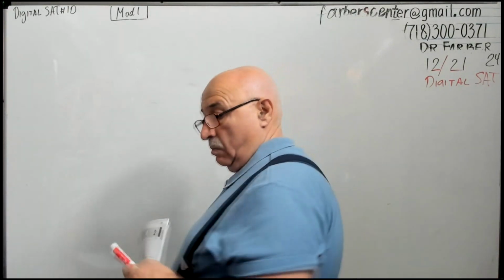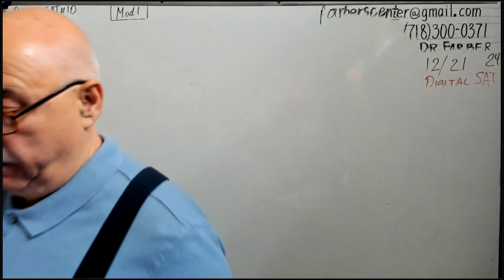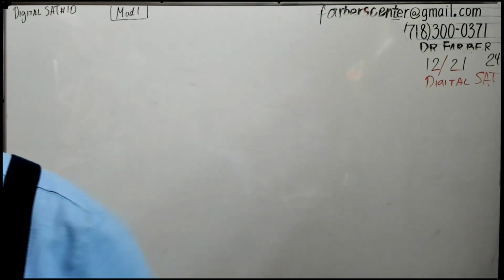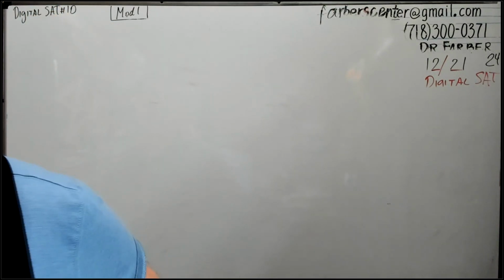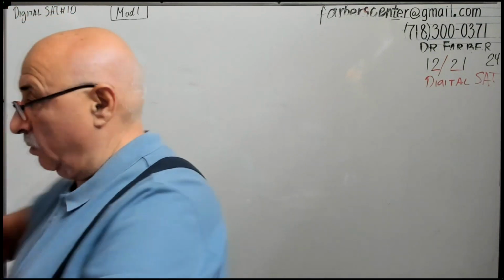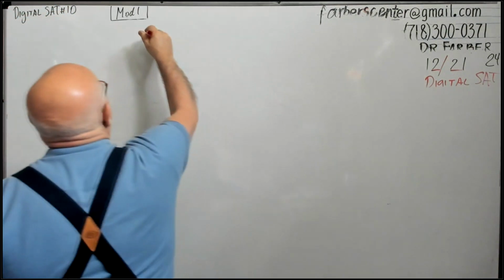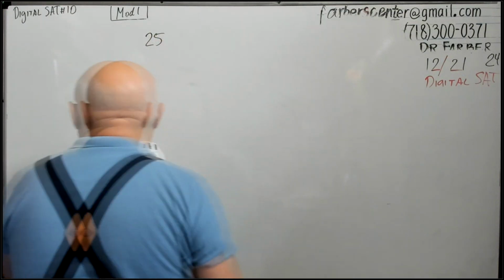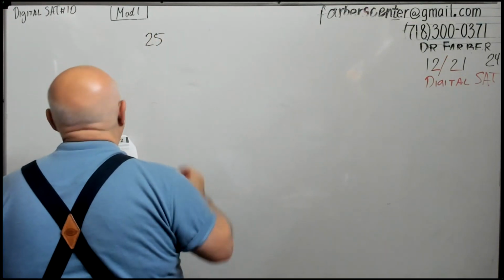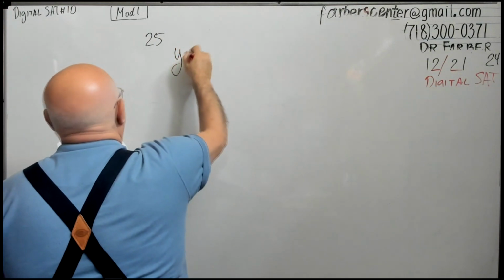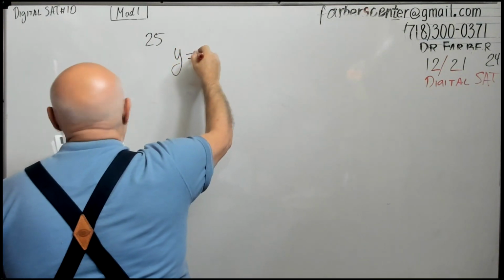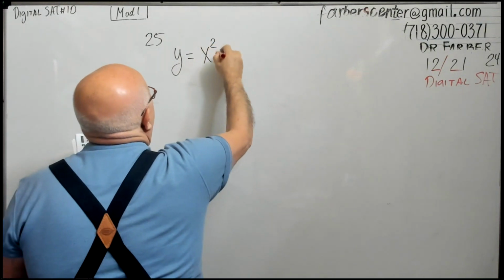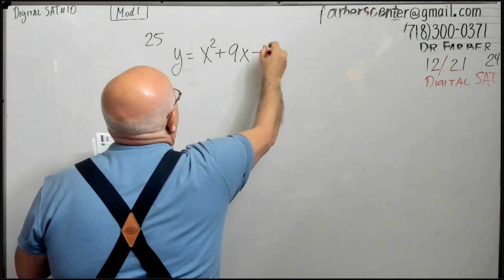In 25, this is black, right? You have y equals x squared plus 9x minus k.